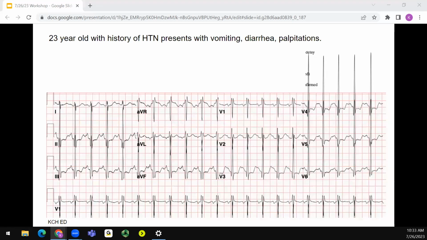Sinus tach. Anything abnormal? After you look at rate and rhythm and axis, what comes next usually when you follow that approach? The intervals. Yeah. What intervals?